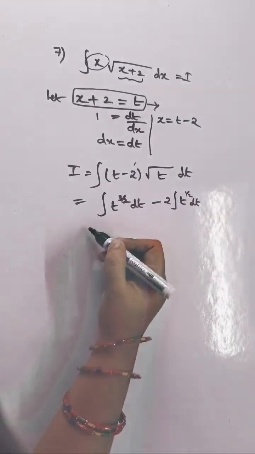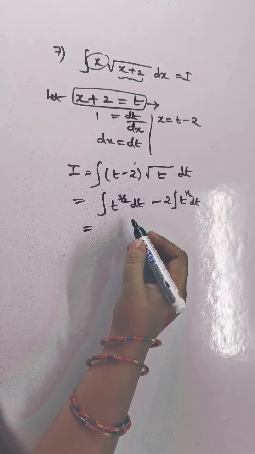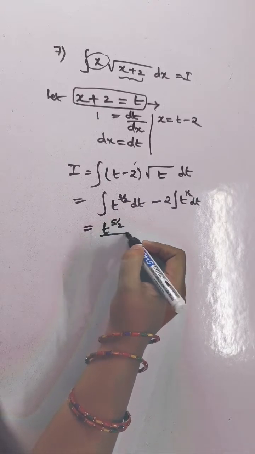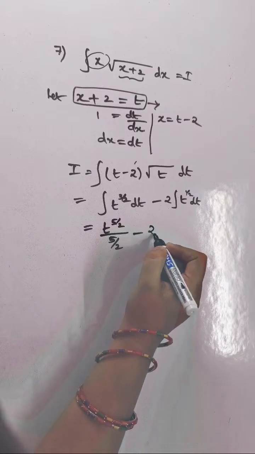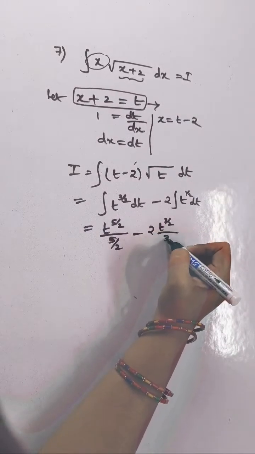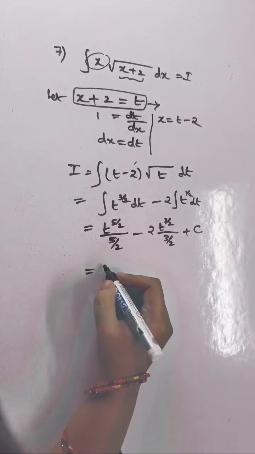And now apply the power rule for integration. It is plus 1. So 3 by 2 plus 1 is t power 5 by 2 by 5 by 2, minus 2 into t power 3 by 2 by 3 by 2, plus c. Now write the reciprocal and replace t.